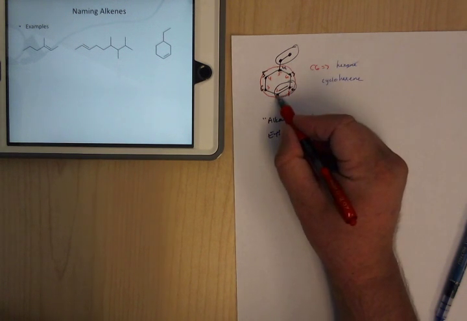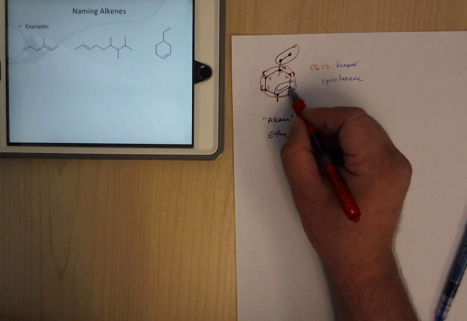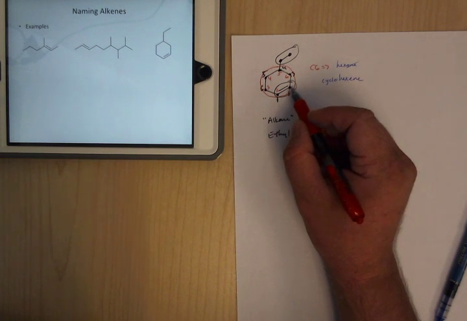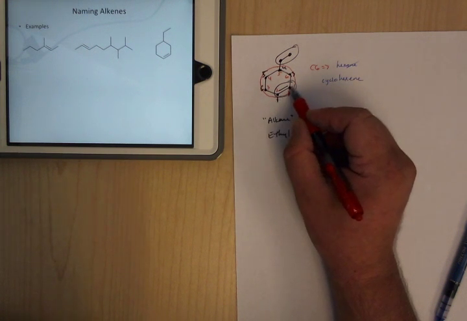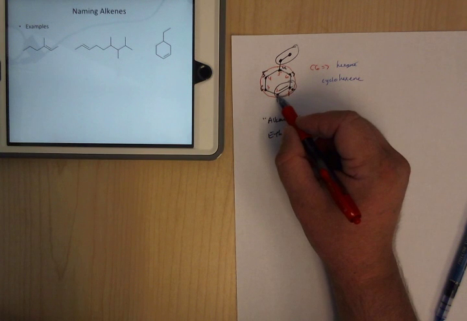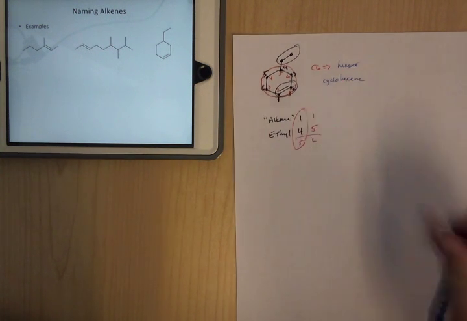So if you went 1 to 2 right here, you can't go like this. You can't start here and go through. It's always where the alkene starts. So you assume that 2. If you're going to start here at 1, 2 is going to be it. It's where it starts, so it's 1 to 2. So these are going to be the numbers.